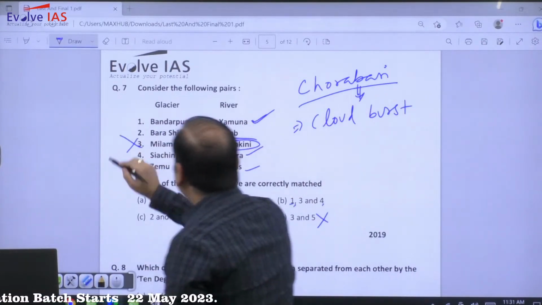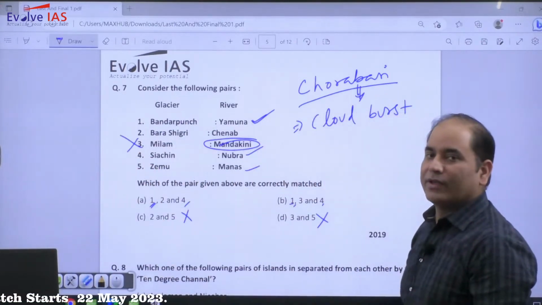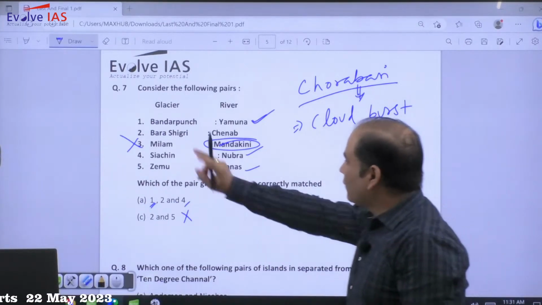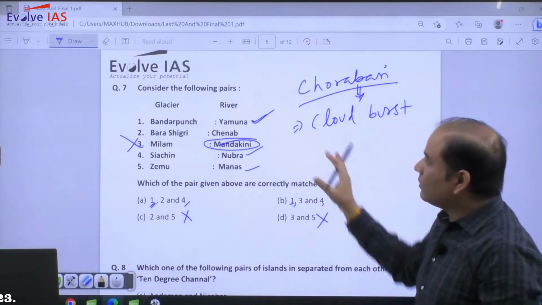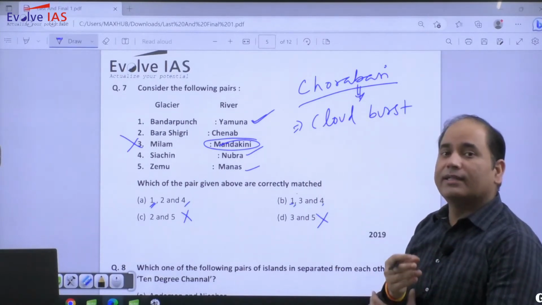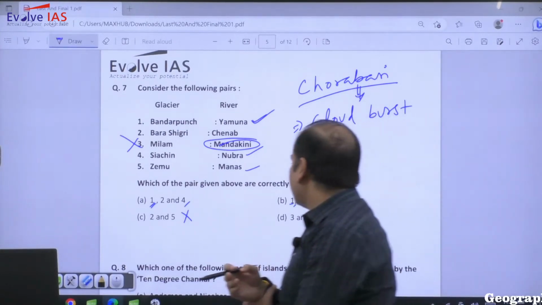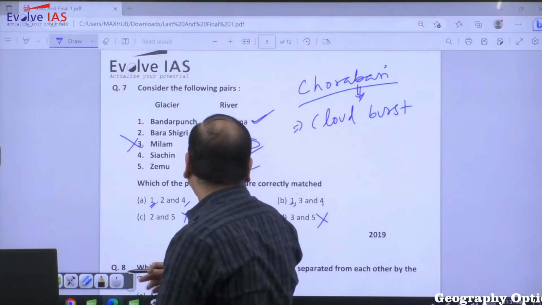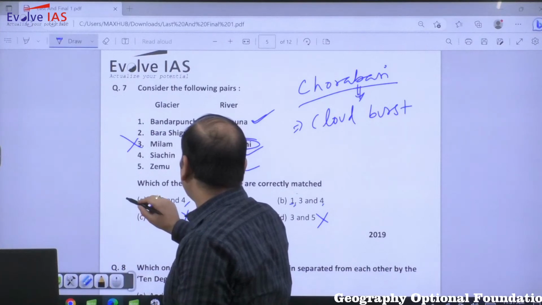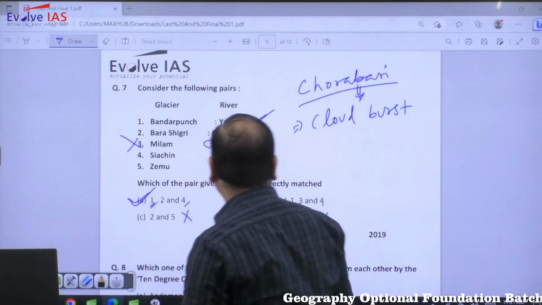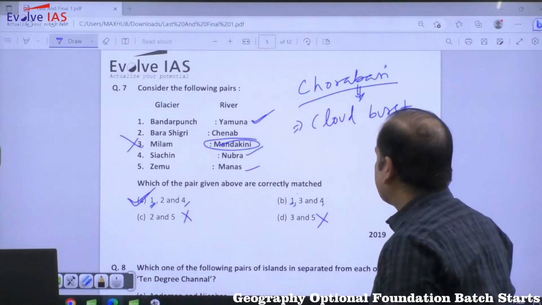So this statement 3 is incorrect. The moment you know this, if you know just 2 facts, then also you will be able to identify that the answer of this question will be 1, 2 and 4, that is A.